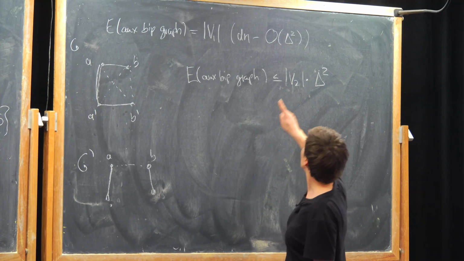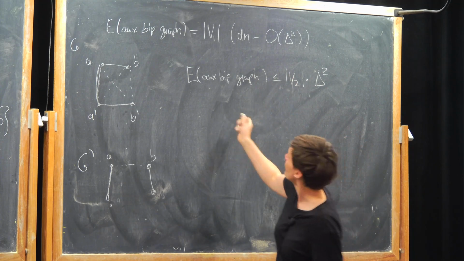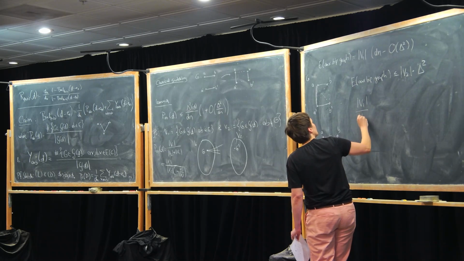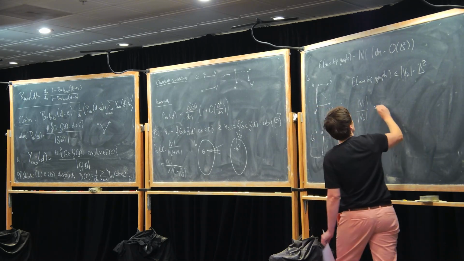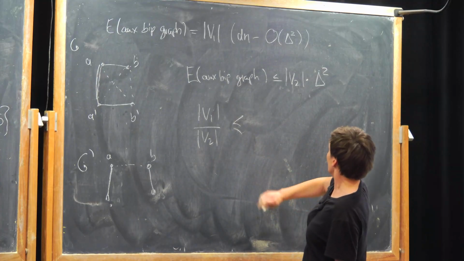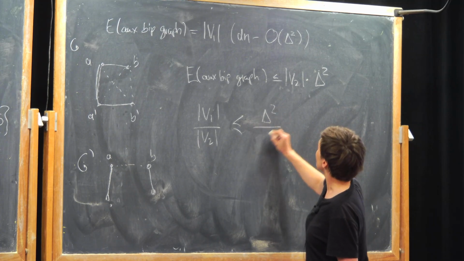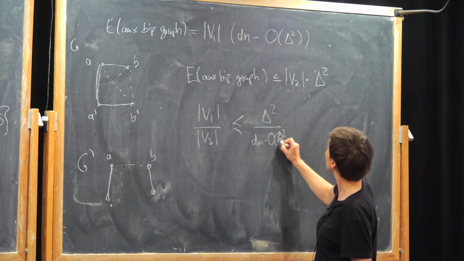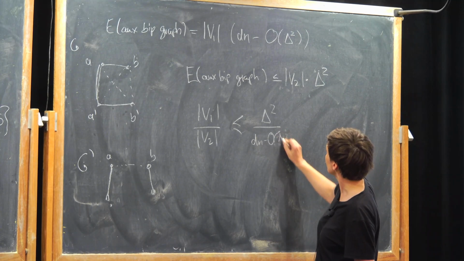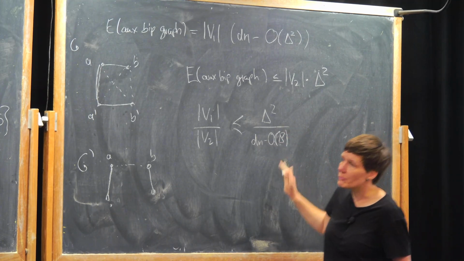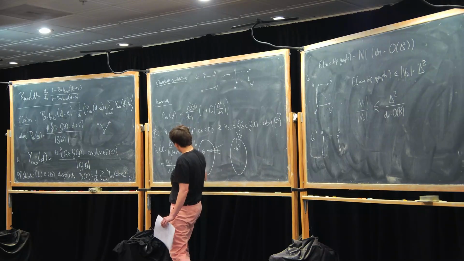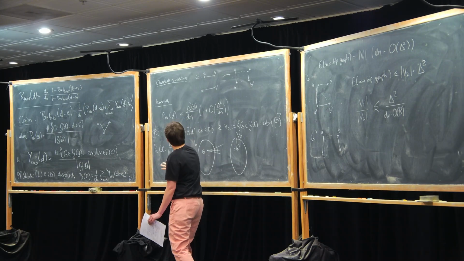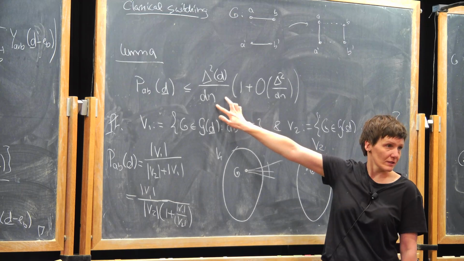And if I equate these two things, then we get that V1 over V2 is at most delta squared over dn minus big O of delta squared over delta squared. And you plug this into here, and so this becomes 1 plus big O of d delta squared over dn, and so that gives you this upper bound.